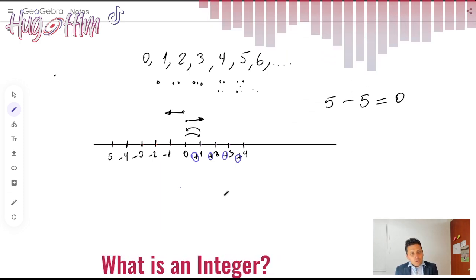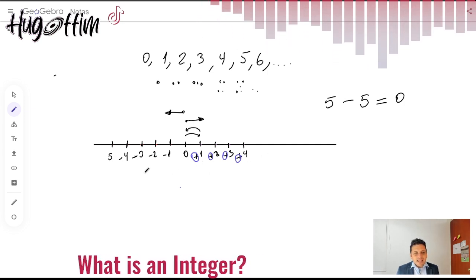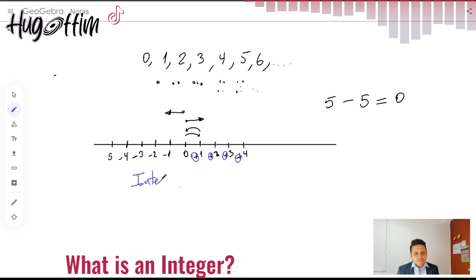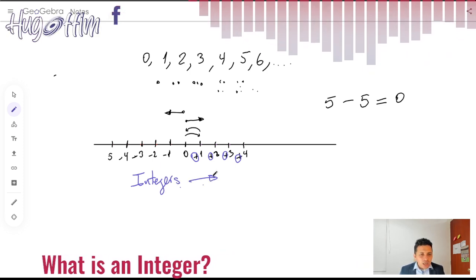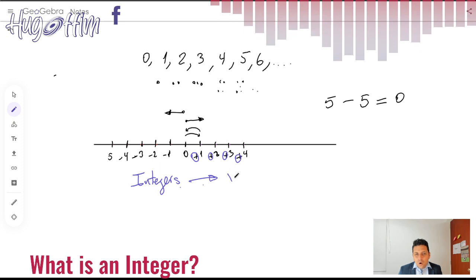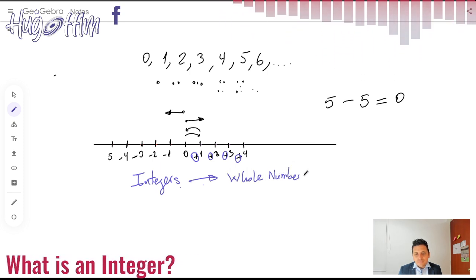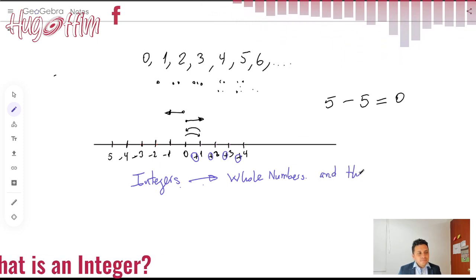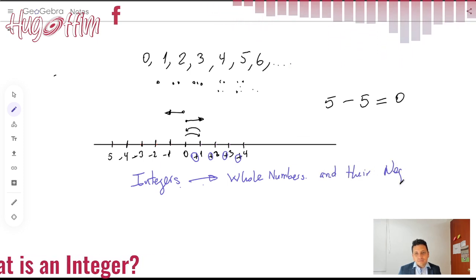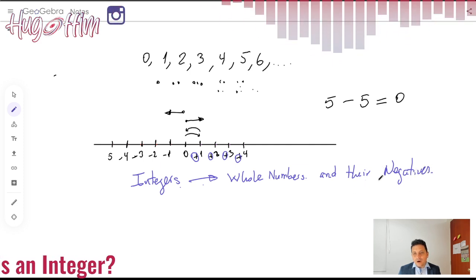Now, if you know what the positive numbers are and you know what their opposites are, then you've got the integers. So the integers are just the whole numbers and their negatives, or their opposites.